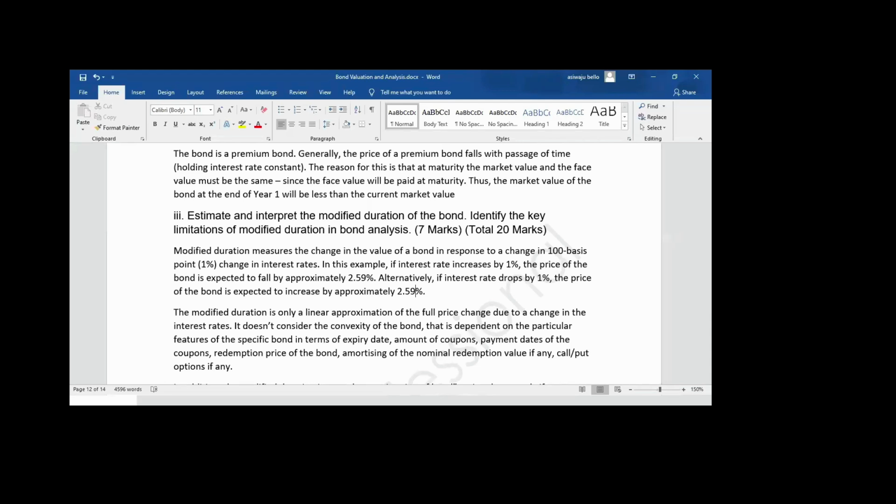The modified duration does not consider the characteristics of the bond. It is only an approximation. So this paragraph is talking about the limitations of modified duration.